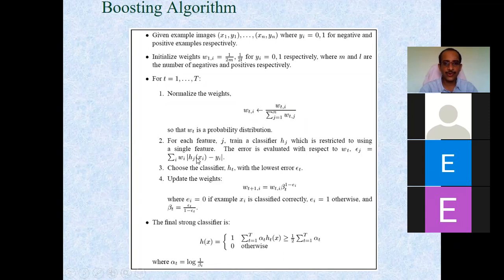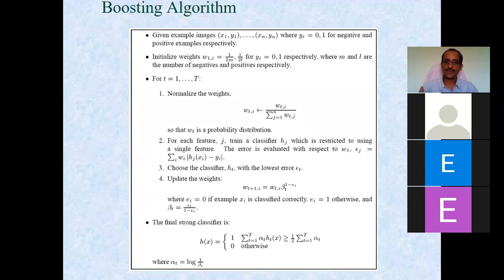This error they compute on one image, and across all images they sum this error, initially with equal uniform weight. This epsilon j is the error of the jth classifier in classifying all the data samples correctly as face or non-face. Like that they have actually 160,000 classifiers, each giving their corresponding errors.